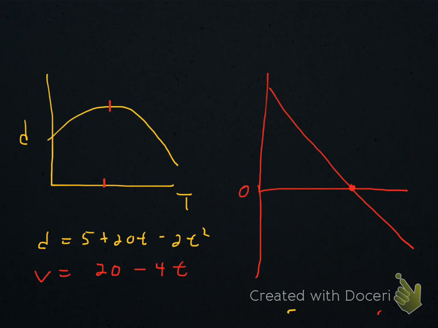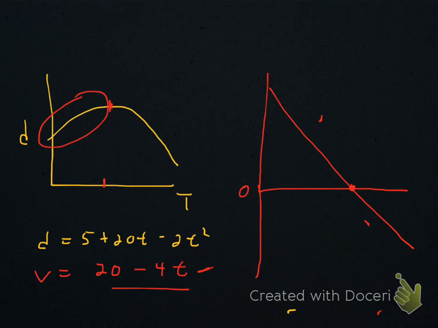At this part of the graph, the gradients of tangents are all positive, so our line has to be above the x-axis and then hit 0. After that stationary point, gradients are all negative, so below the x-axis, which is here. And so this is our graph for speed, for velocity.